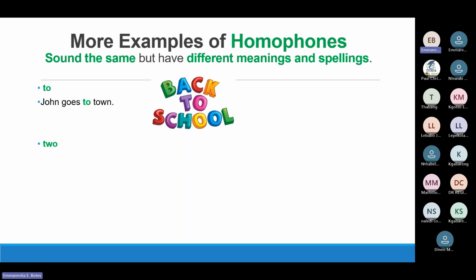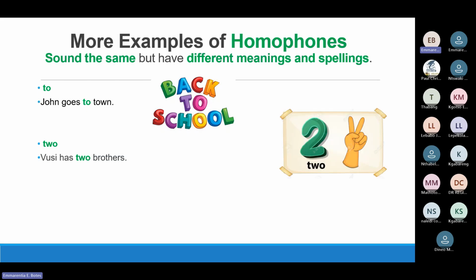Then we have "two" with a TWO. So this is the number. For example, "Vuzi has two brothers." That is the number two that we think of with this spelling. But "too" with a double O. This is now if something is too heavy or the coat is too big for her.